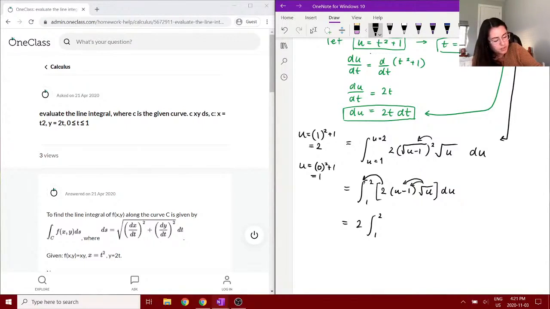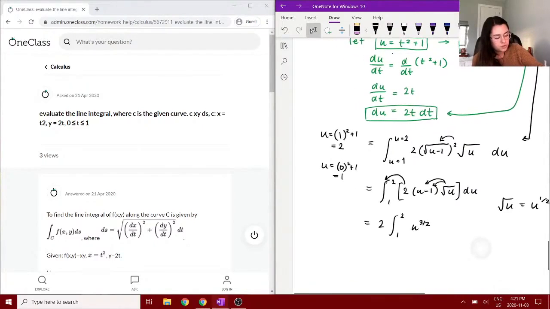Distributing the square root of u into the brackets, we get u to the 3 over 2, because remember, square root of u is equal to u to the exponent of 1/2. So distributing into the bracket will give you u to the power of 3 over 2 minus u to the power of 1/2 du.